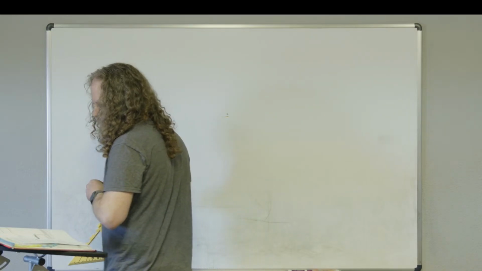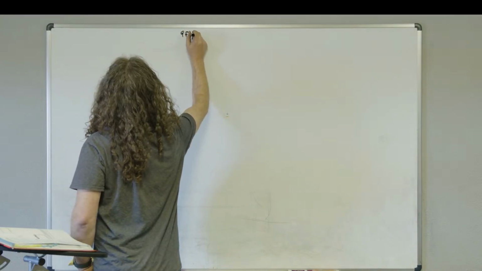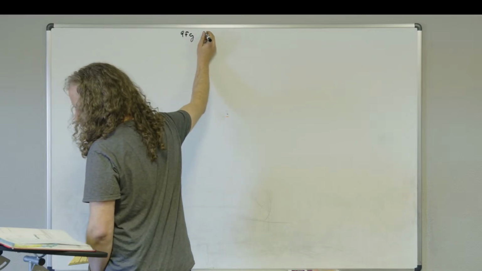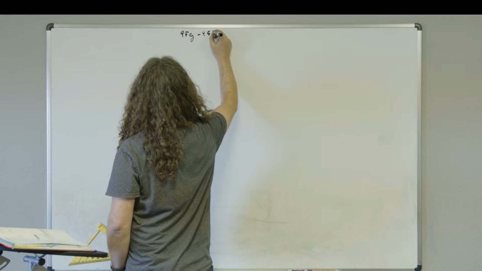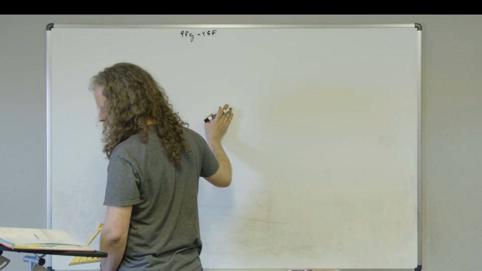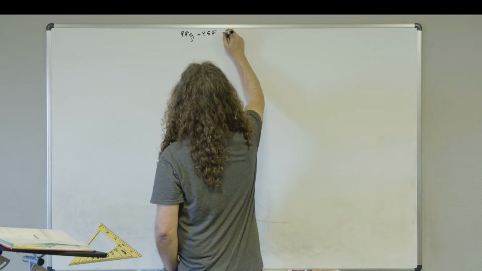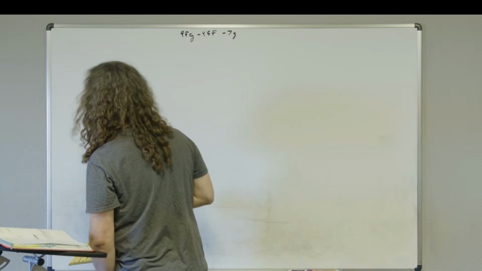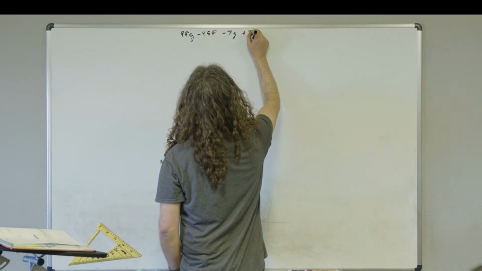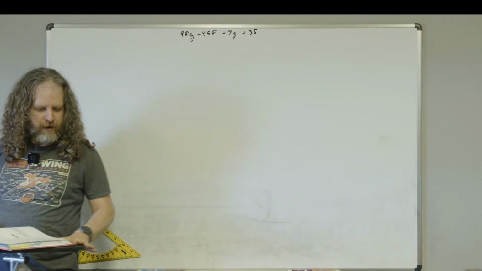8. 9fg minus 45f minus 7g plus 35. And the instructions say factor the polynomial.